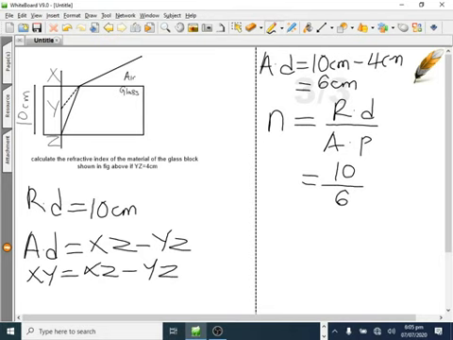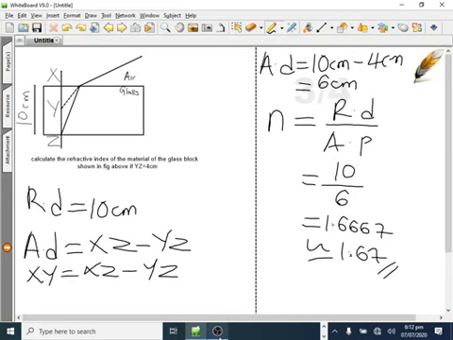When you do that, your 10 over 6 will give you 1.6, and at last you are going to have 7, which you can approximate to be 1.67. And that's our refractive index. Very simple, right? Yes, very simple. Let's solve another question.